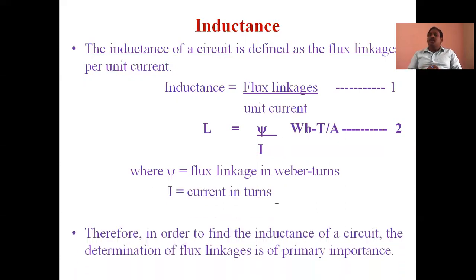So from equation 2, we observe that in order to determine the inductance of any inductive coil, or any conductor twisted in the form of a coil, first we have to determine the flux linkages. After that we can determine the inductance. That is the procedure to calculate the inductance of any conductor.